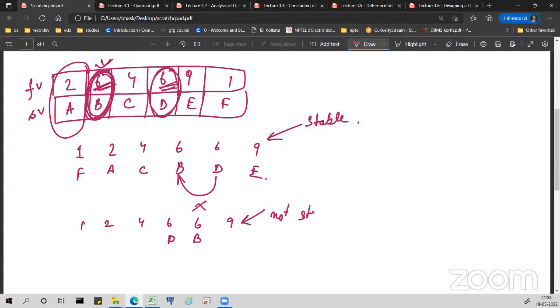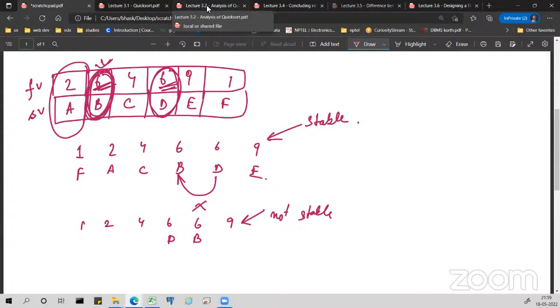Now quicksort is an algorithm which is not stable. One important point: this does not mean you would never get a stable result. Non-stable algorithms may give you a stable result, but that is not a proof. Proof means you have to always give a stable result. Merge sort is an example of a stable algorithm, so it would always give you the stable result. Quicksort is not. Quicksort may actually interchange the values. That is what we call the stability property of sorting.